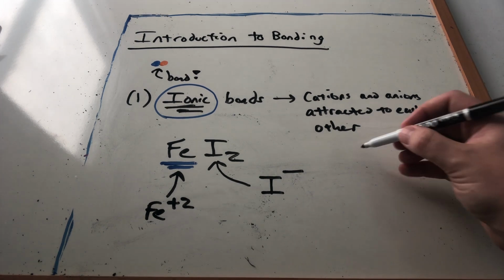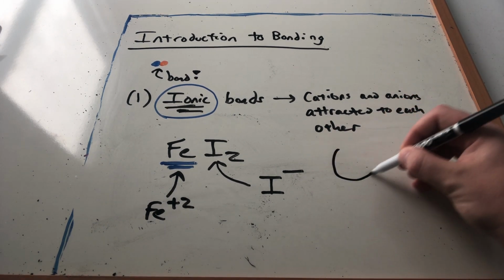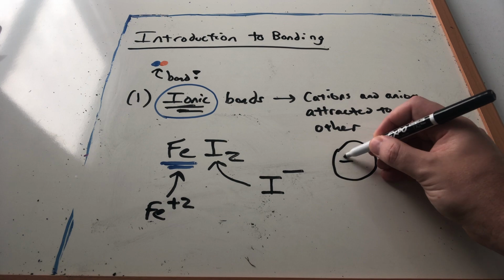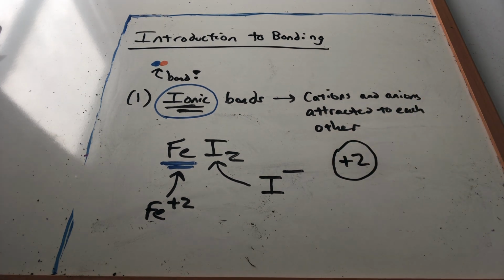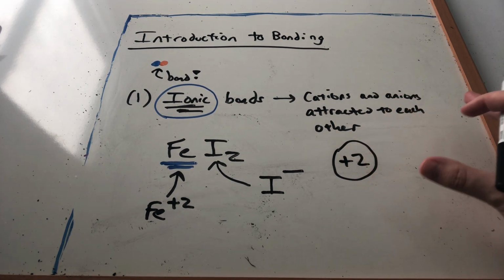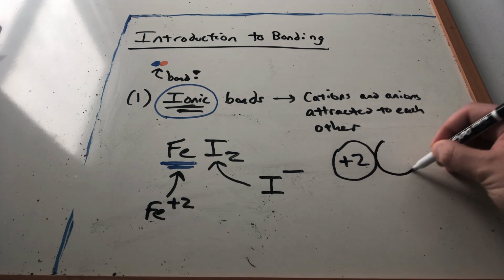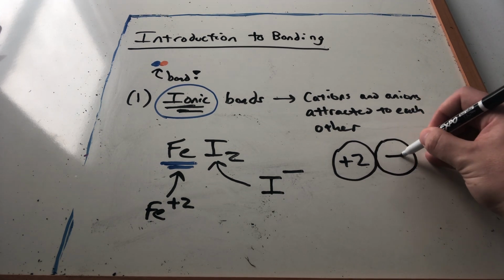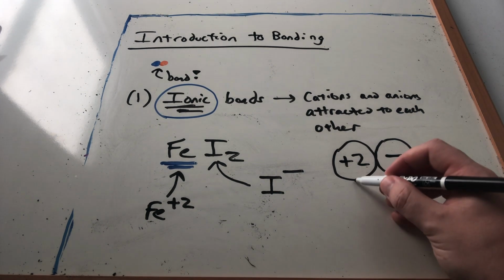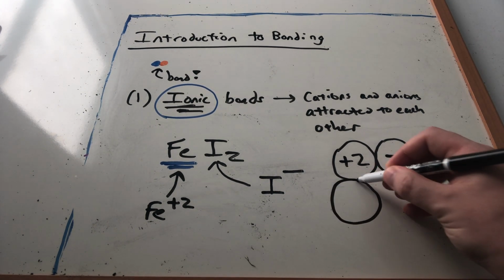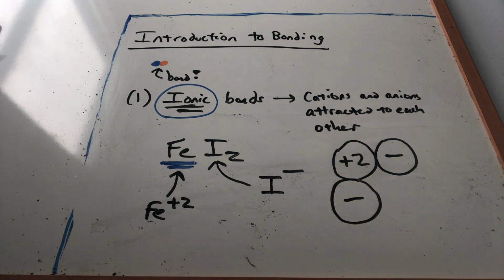So hopefully you can follow that logic, but then in your head, the picture of the bonding looks like this. Here's my Fe +2. It must have given up 2 electrons. Where did those electrons go? One of the electrons went to an I, and it became I-, and the other electron went to the other I, and it became I-.